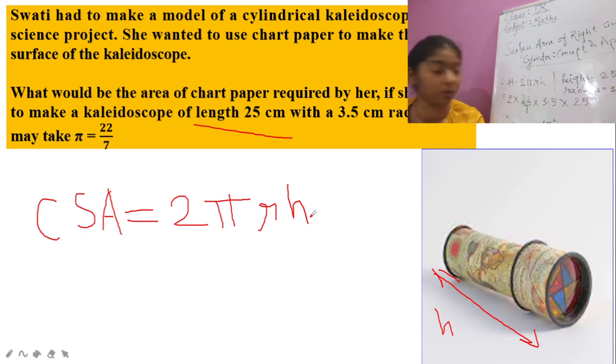Okay, so cancel out all the terms which is required. Yes, if you calculate, it is 0.5 and you multiply, so you will get around 550 centimeter square. So this much area of chart paper she is required to cover her science project, that is the cylindrical kaleidoscope.